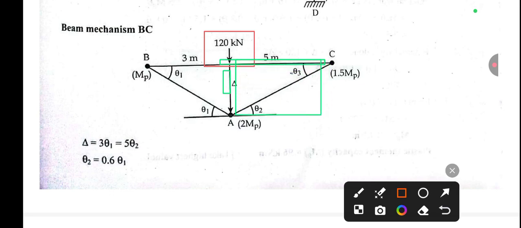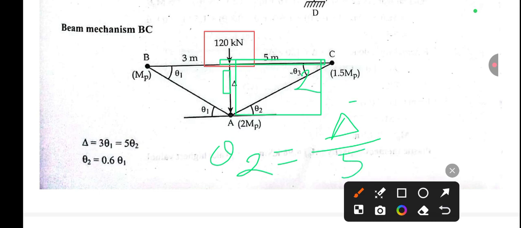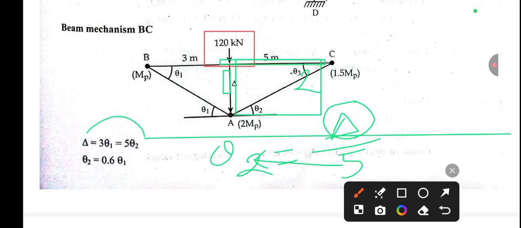For this, theta 2 will be nearly equal to tan theta 2, and tan theta equals p by b. So p means delta, and b is this one, 5. So from here delta can be written as 5 times theta 2, so delta equals 5 times theta 2. If you combine these two, then theta 2 can be written as 0.6 times theta 1. So this is the relation between theta 1 and theta 2.